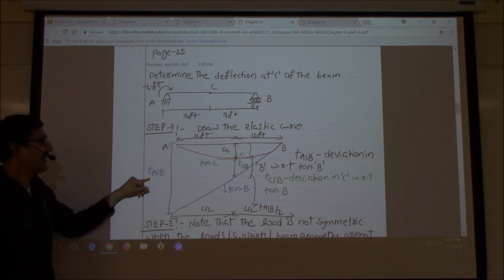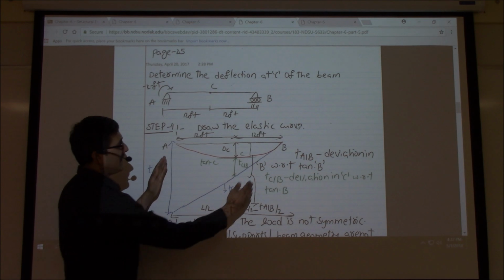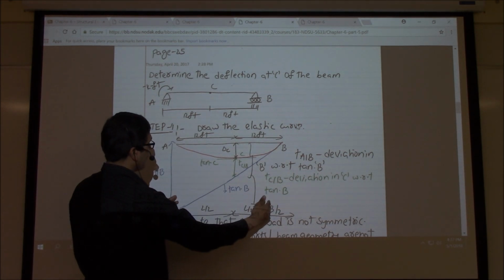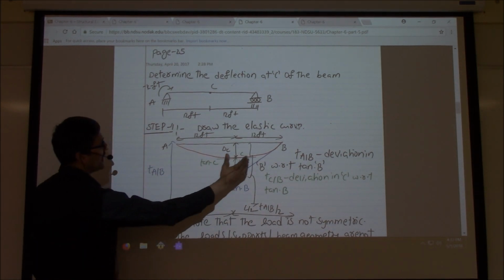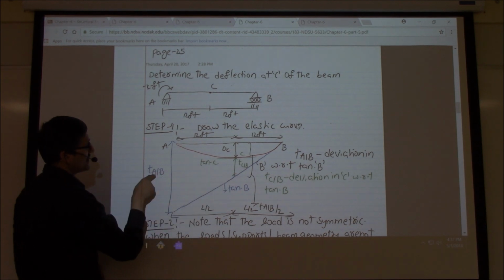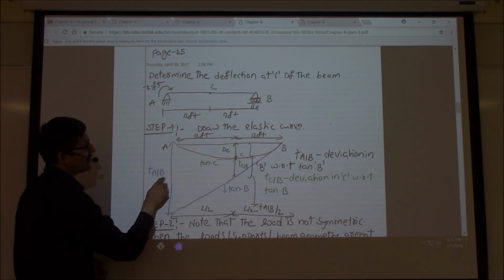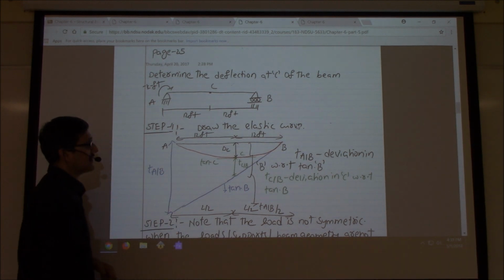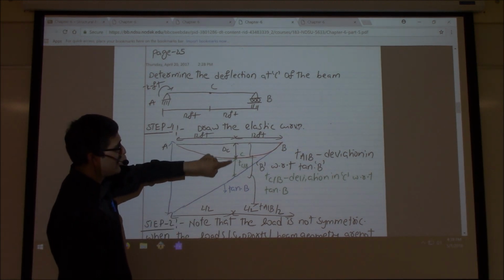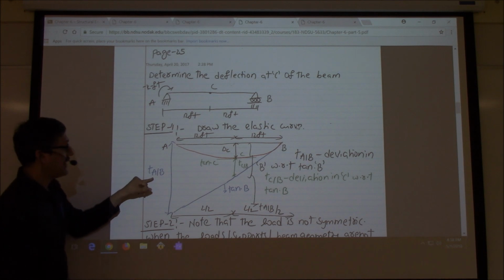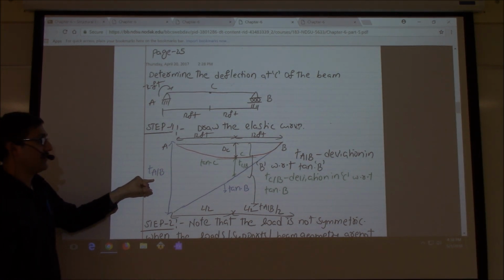So how do I find out TA by B? Find out the M by EI area between these 2 points and take the moment of that M by EI area with respect to the point A. Then you will have TA by B. So using similar triangles, we pretty much know that this whole length is nothing but TA by B divided by 2.